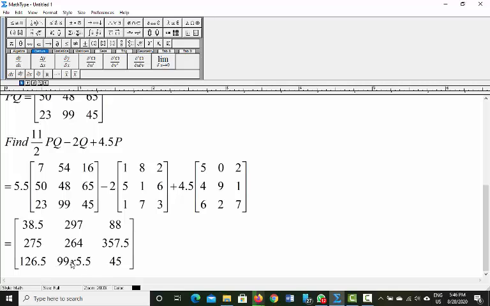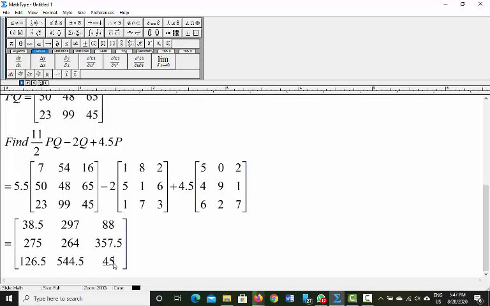So 5.5 multiplied by 99 is equal to 544.5. That means if you multiply 5.5 with this 99, you will get 544.5.